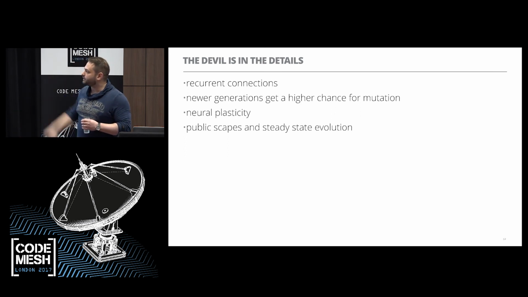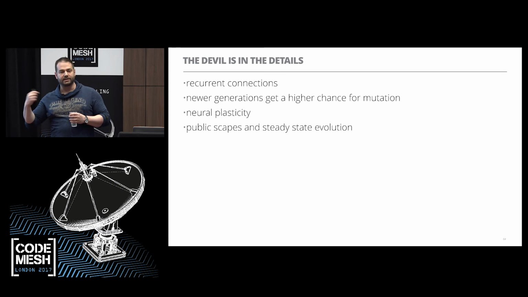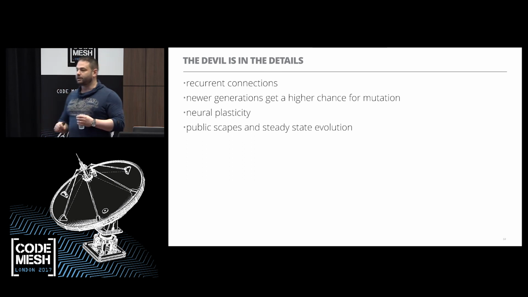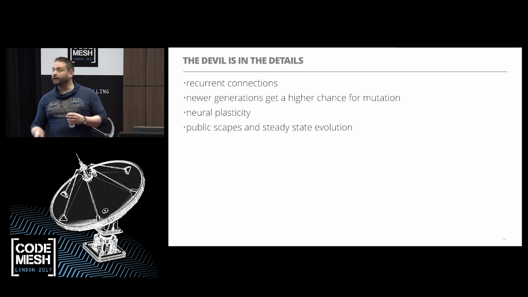So that's really what this does. Every element added to the network gets a generation number, and elements with a higher generation number have a higher chance of getting mutated. Then neural plasticity: basically these neurons can evolve things like Oja's rule or Hebbian learning, and steady state evolution.